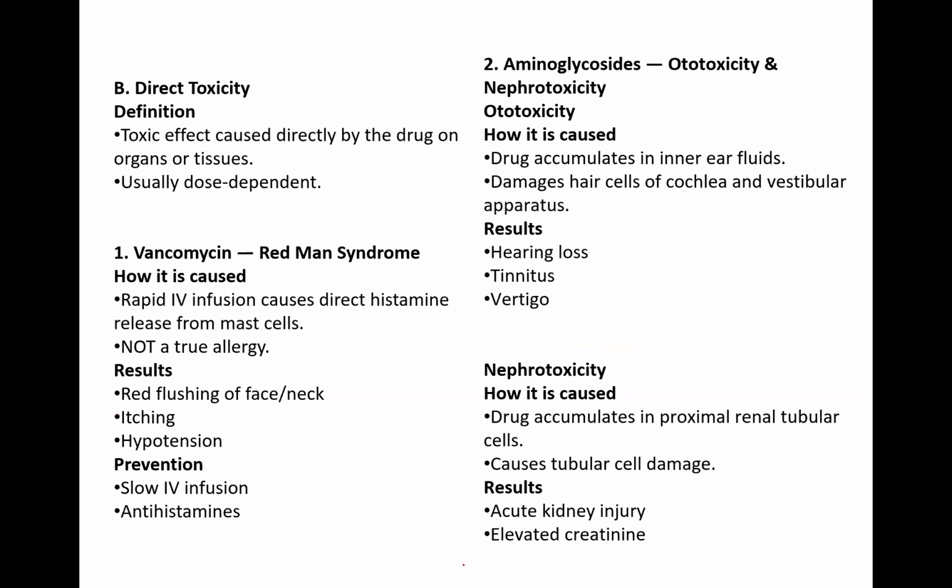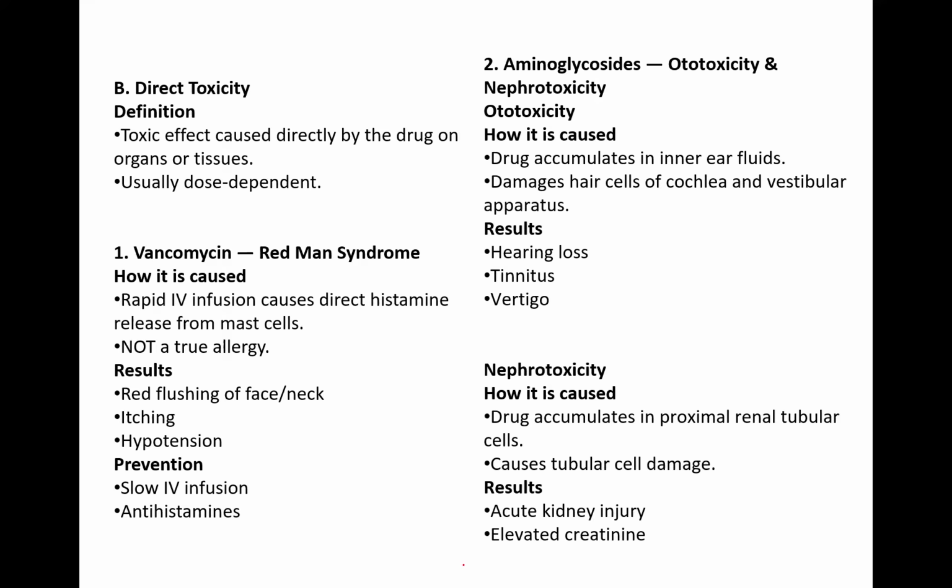So high doses might cause this reaction, and if you reduce the dose, sometimes the reaction can subside, but usually we stop the medication and prevent rechallenging, because these kinds of direct toxicities can be very serious. For example, we will study some direct toxicities now itself. Even though we are going to study them in particular classes, we will study the most important things here so that you don't forget them.